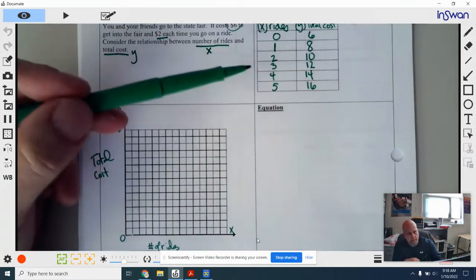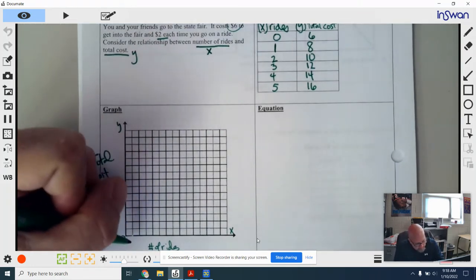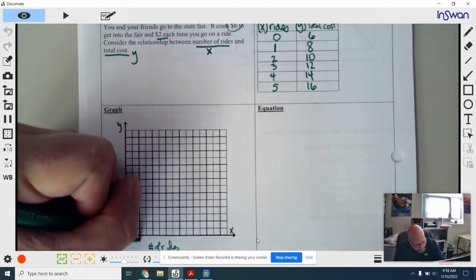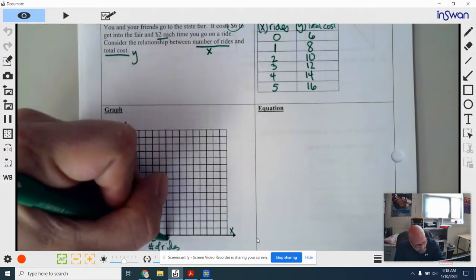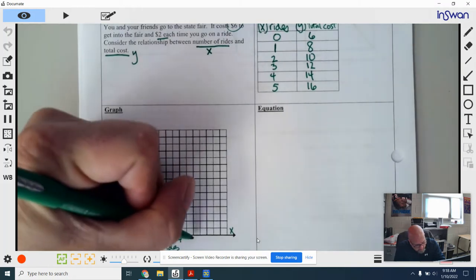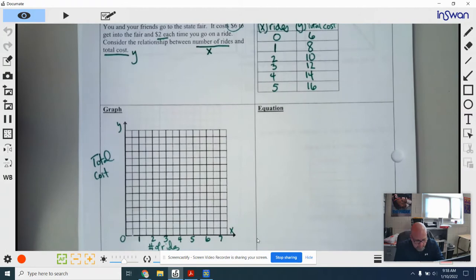It looks like the highest number we need to get up to is a 5 to graph that one. So it looks like I can probably count every box as a half, which means I can label every other one as one whole. So 1, there's 2, 3, 4, keep going until we get a little bit past 7.